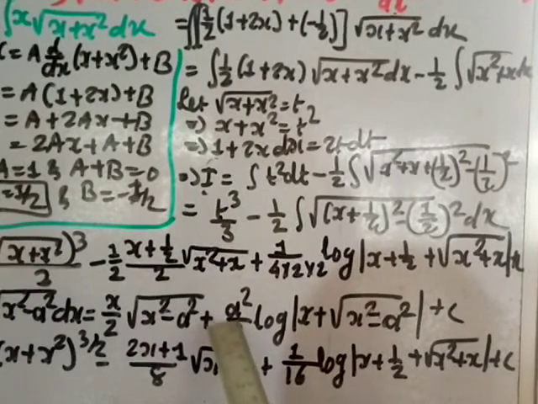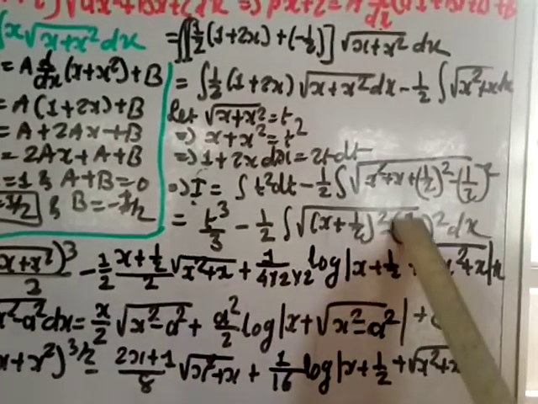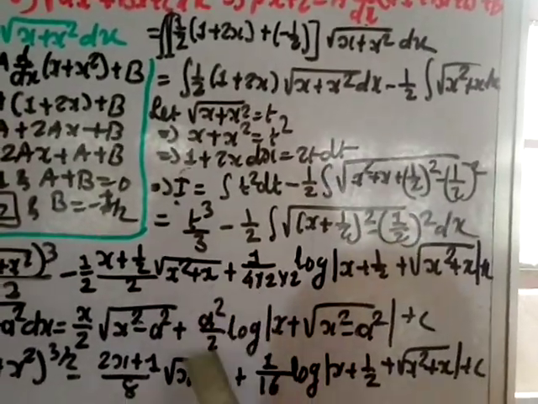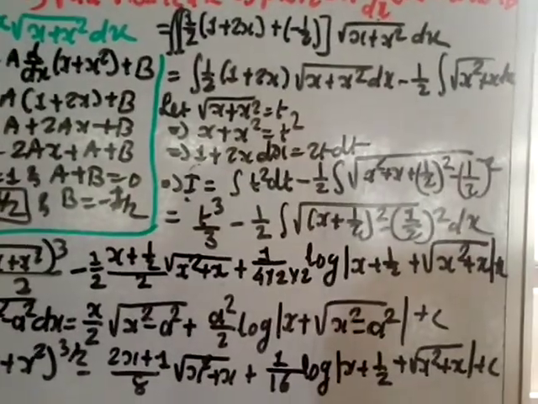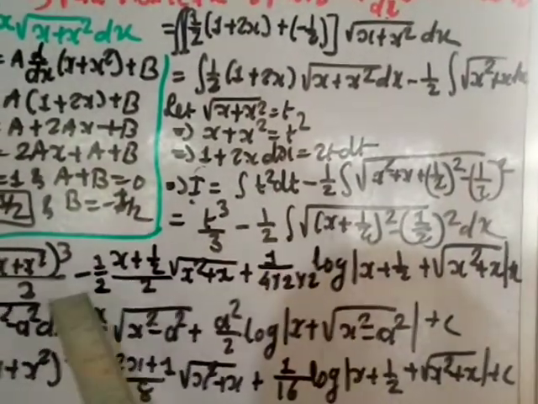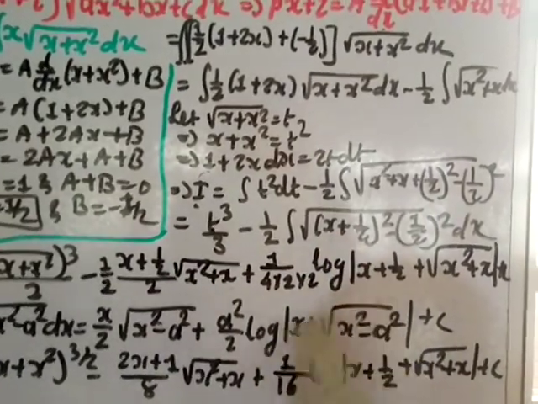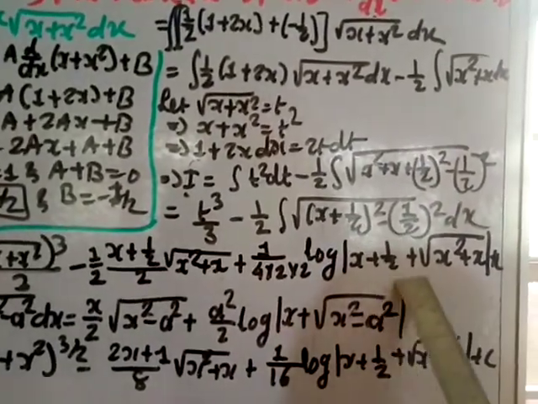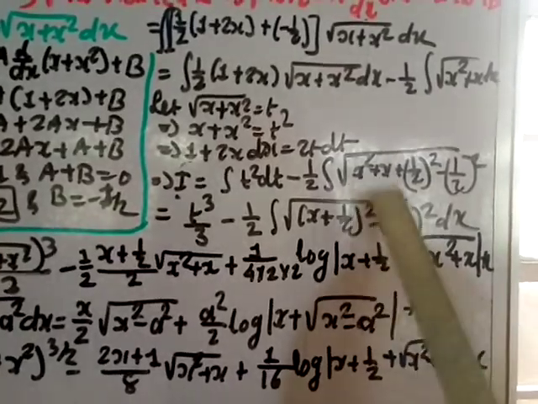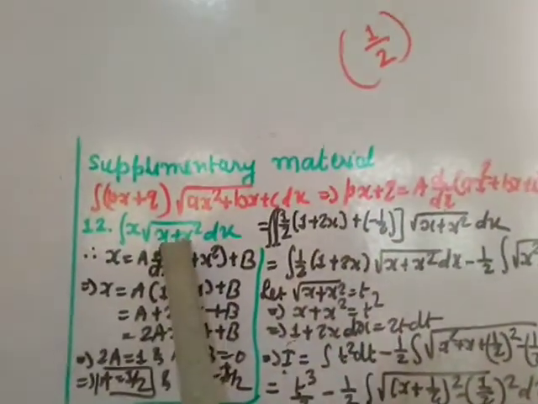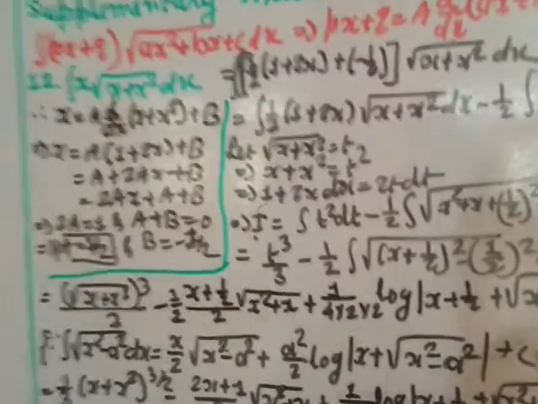Why? Because the formula has a square by 2. So a square is 1 by 4, and this 2 is there, and there is one more 2, that is this 1 by 2, the coefficient multiplied outside. Then log, where x is x plus 1 by 2, plus square root of x square plus x plus 1 by 4 minus 1 by 4, which is again the same expression. So I put the same value here.